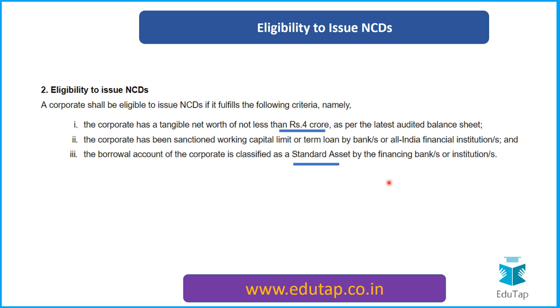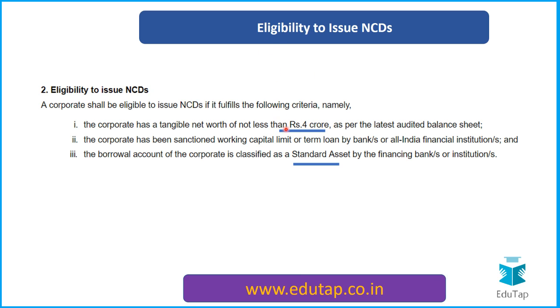Now who can issue NCDs? Here the conditions we discussed in commercial paper are similar to what we are going to discuss in non-convertible debentures. Please remember that many of the things we discussed in commercial paper are similar, and the reason is that since both are issued by corporates or companies, there is some similarity between them, right?